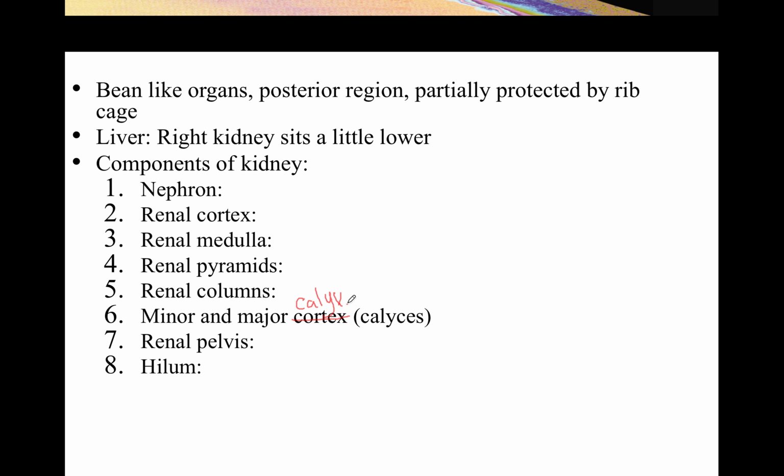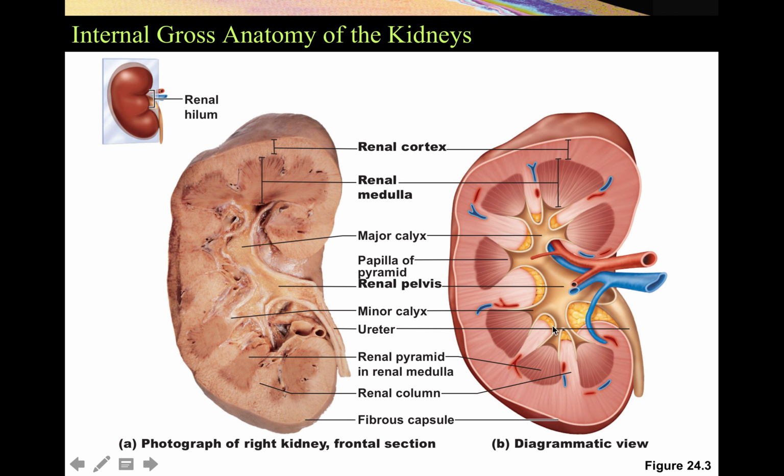And again, renal pelvis is where all of the major calyces empty into, and then it eventually continues as the ureter. Hilum is that indentation you see in the middle of the kidney, where all the blood vessels, the ureter, and nerves enter or exit the kidney.